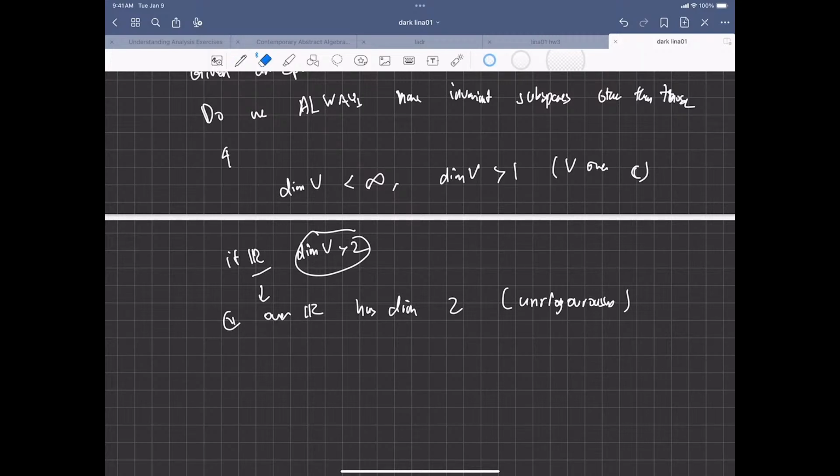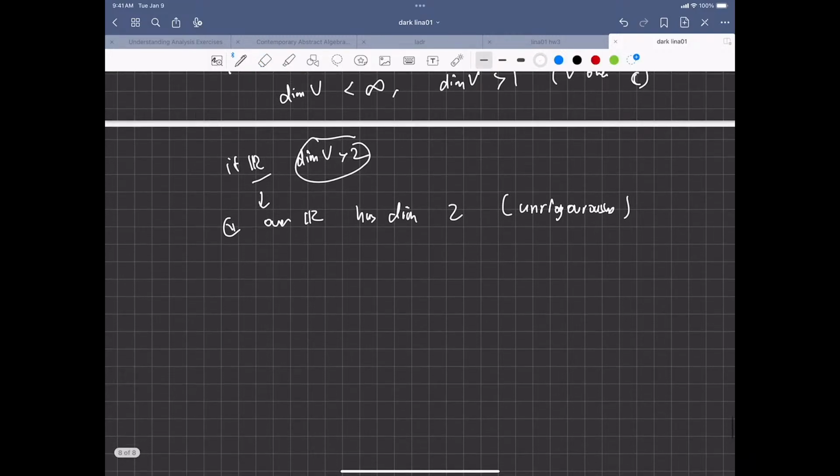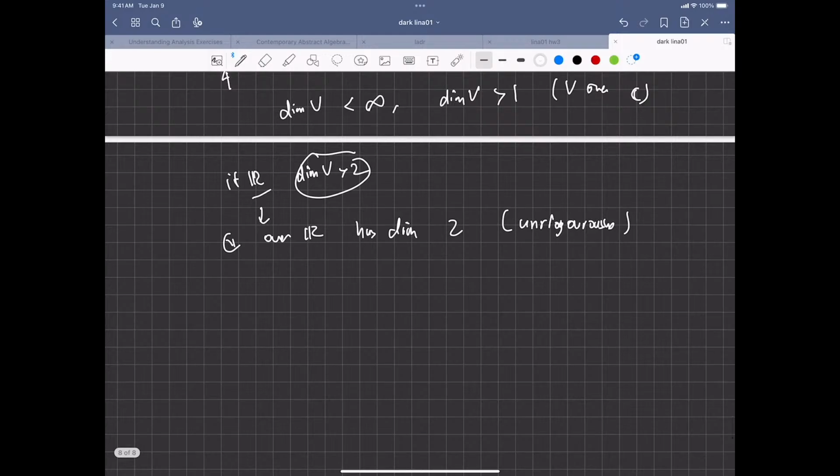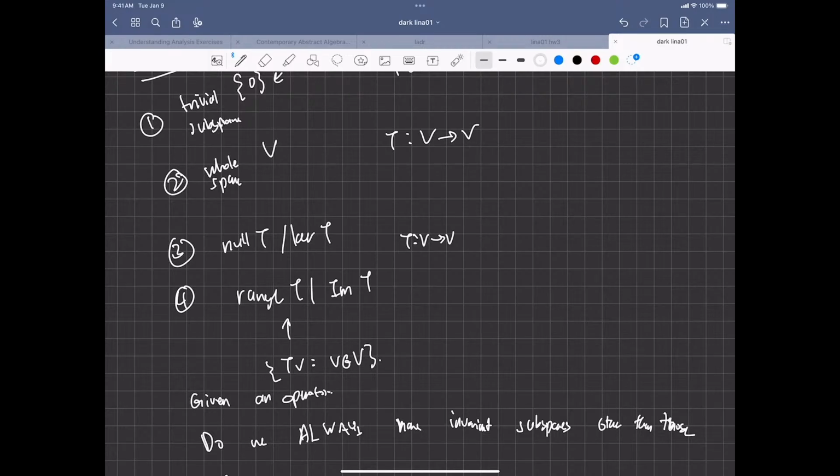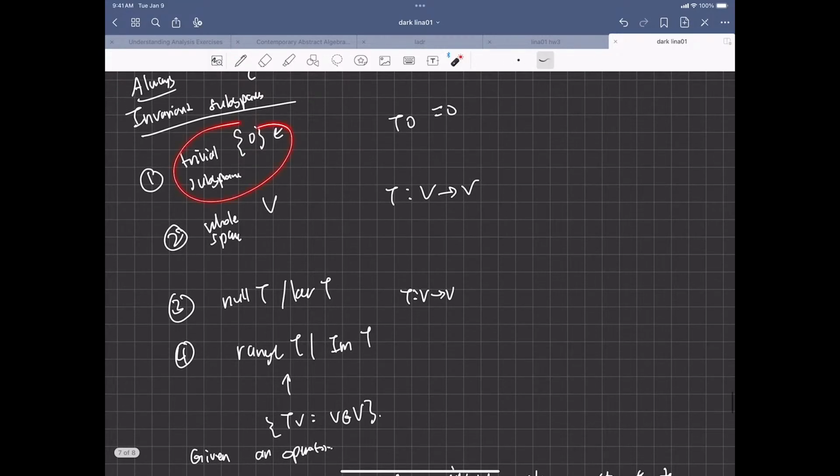Okay, so now, first of all, we want to take a look at very simple, non-trivial invariant subspaces. So this is trivial, and this is also kind of trivial in a way, because it's obvious.